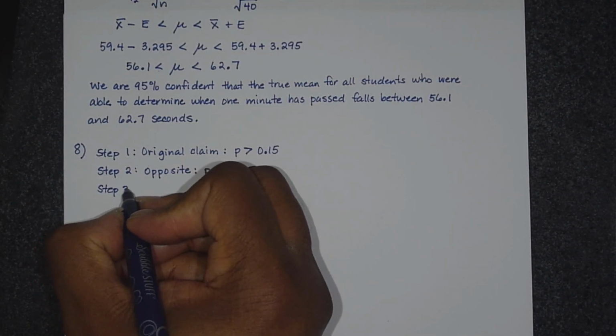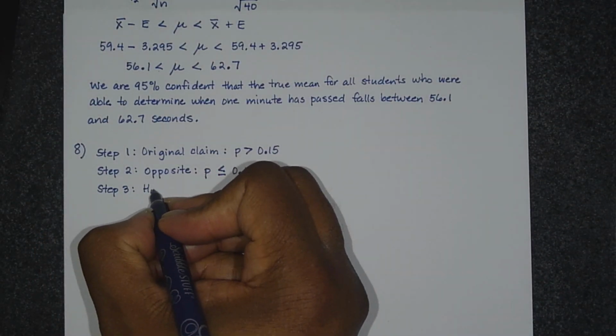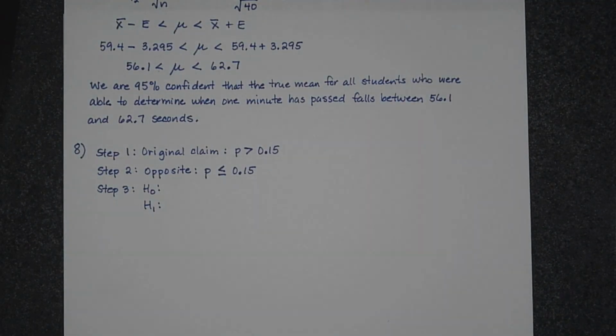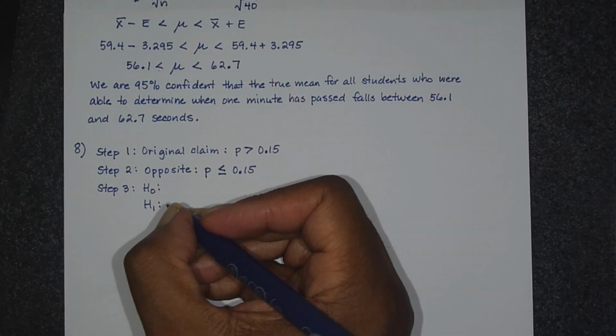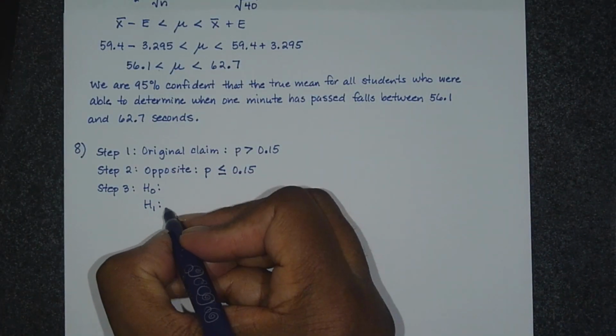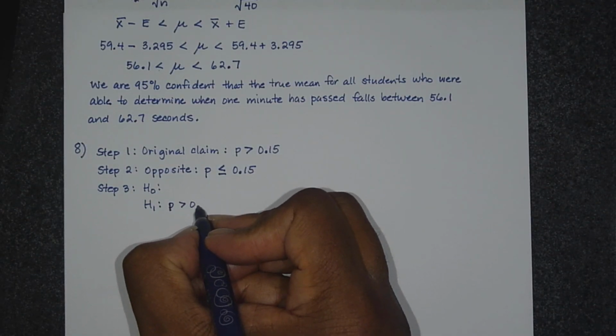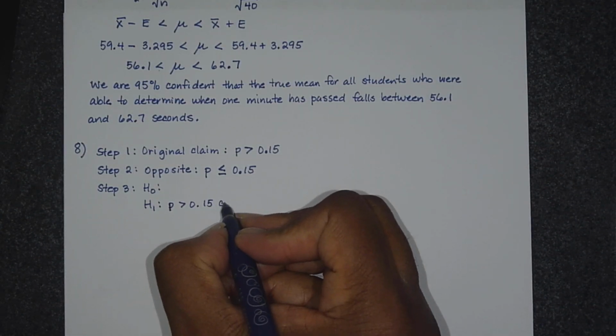And then step number 3 is writing the null and the alternative hypothesis. So which one would be the alternative hypothesis? The one greater than. So it'd be P is greater than 0.15.